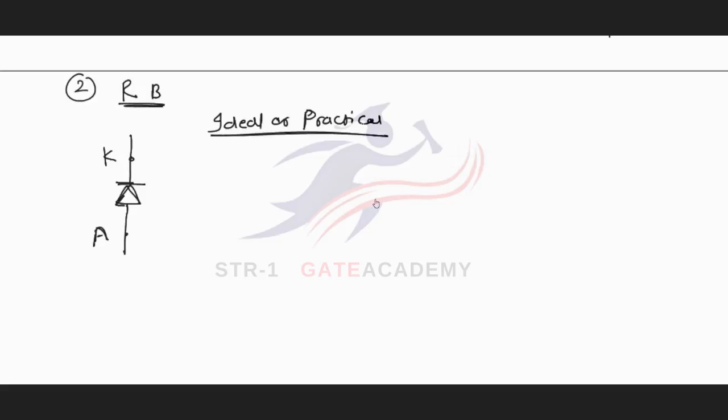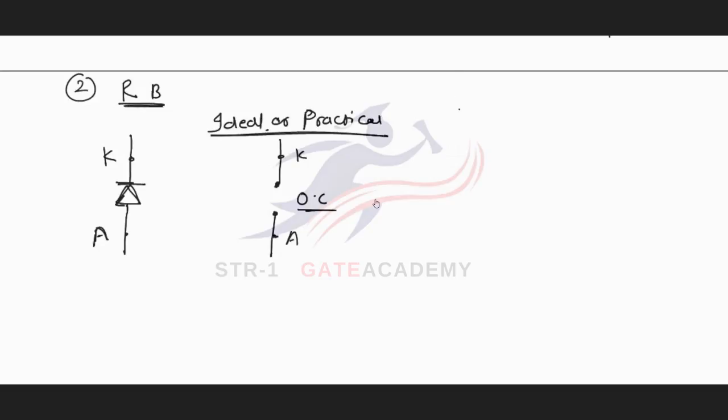In both cases, when it is reverse biased, it will be replaced with an open circuit. This means that a reverse biased diode does not conduct.